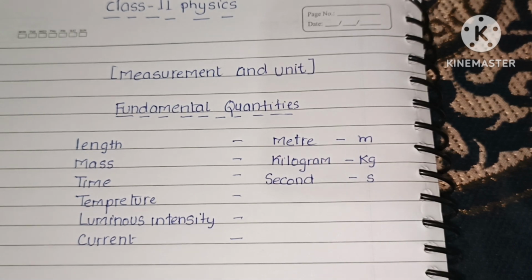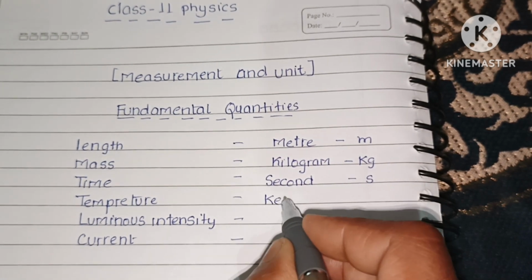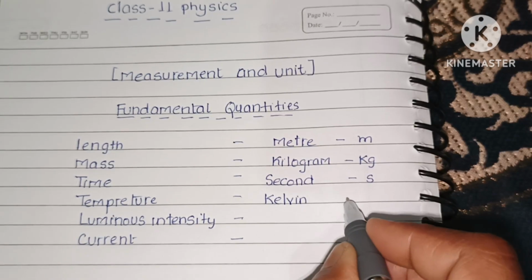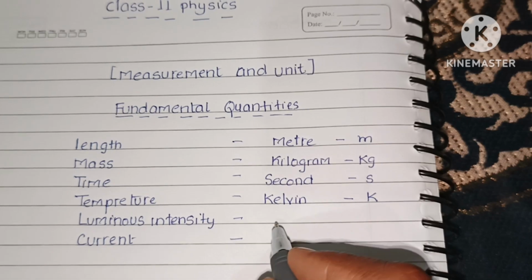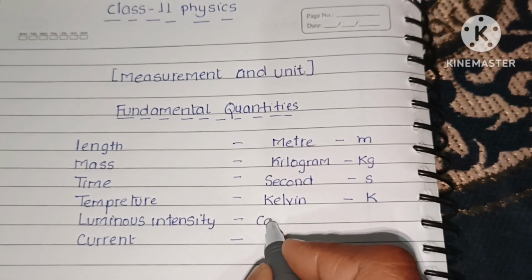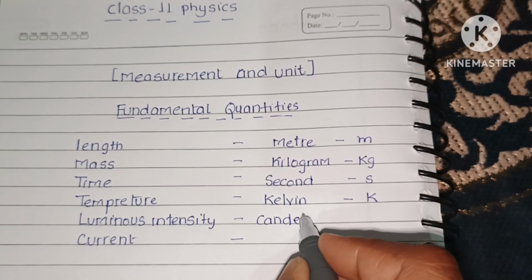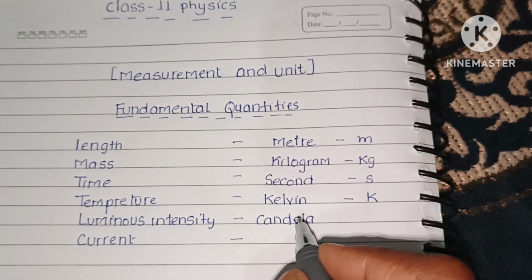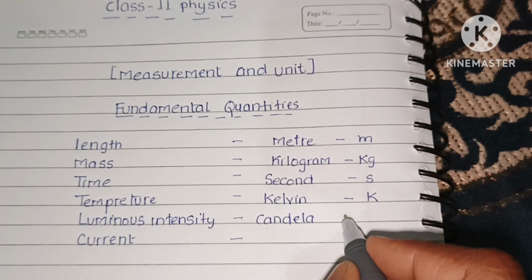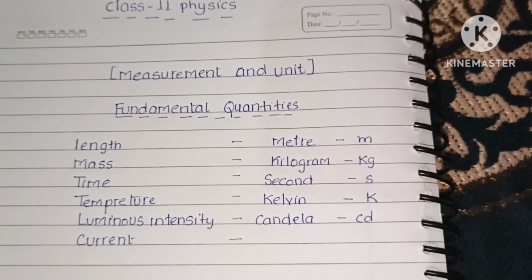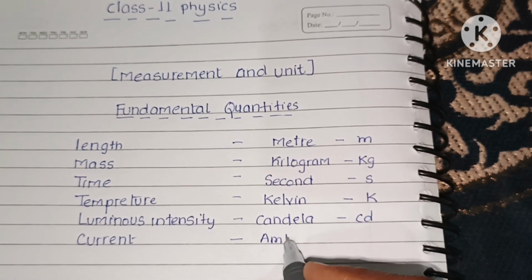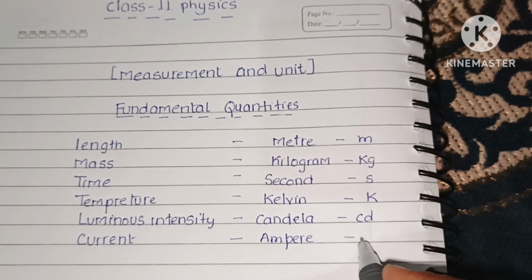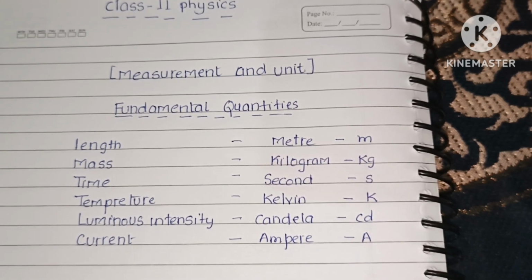Temperature, Kelvin, represented by capital K. Luminous intensity, candela, denoted by cd. Current, ampere, denoted by A.